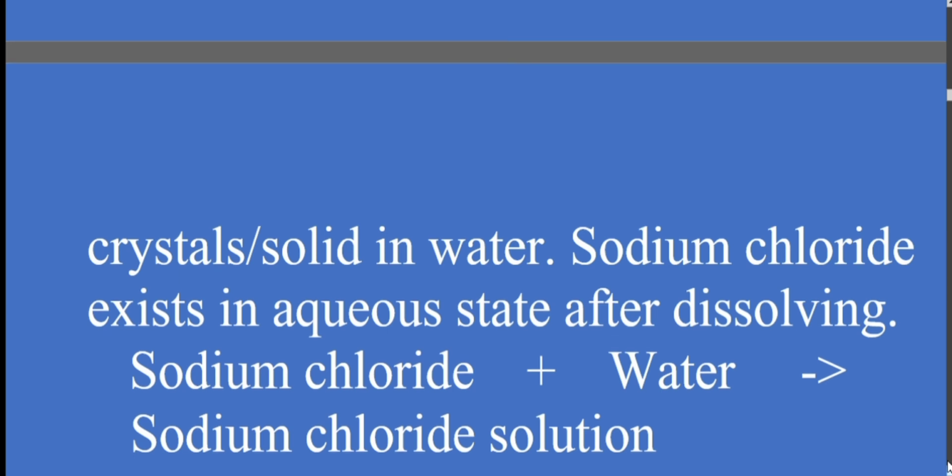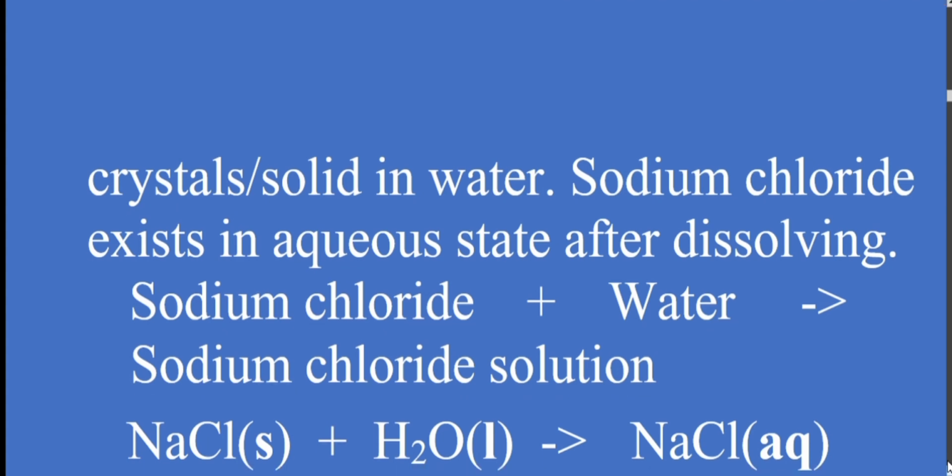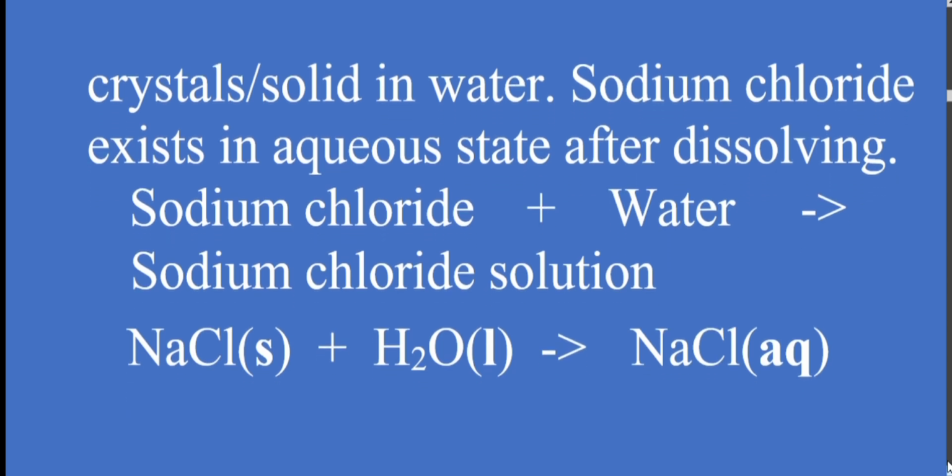So we have a word equation: sodium chloride added to water gives sodium chloride solution. Then you have the chemical equation. That's the word equation; this is the chemical equation. You have sodium chloride, which is solid. Na is the chemical symbol for sodium.